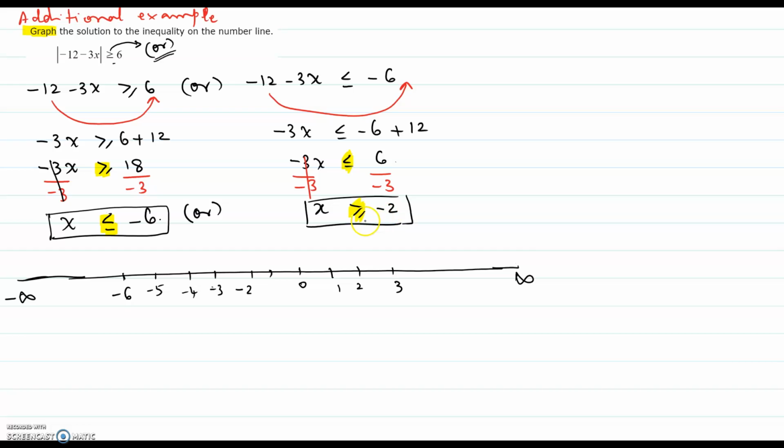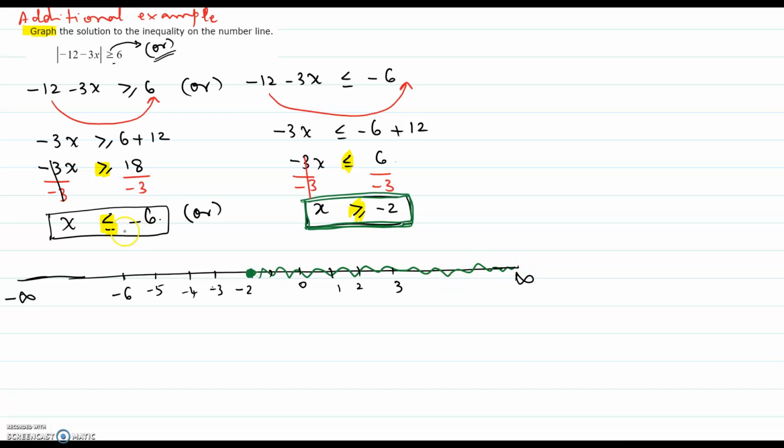As we have greater than or equal to, this means all numbers to the right of negative 2 including negative 2. So we will have a solid dot at negative 2. If I look at this one in green, I'm going to shade all to the right of negative 2, including negative 2.